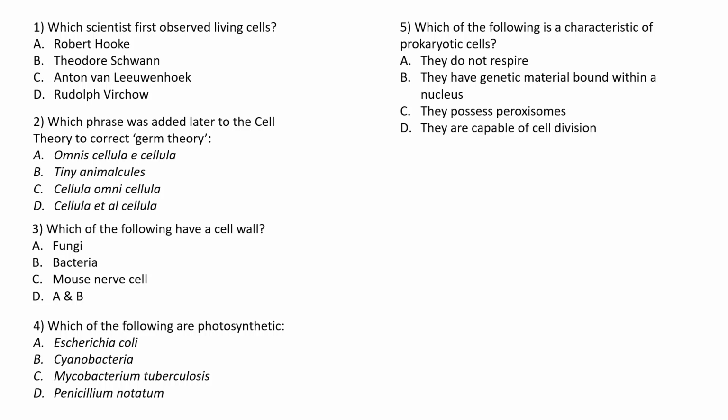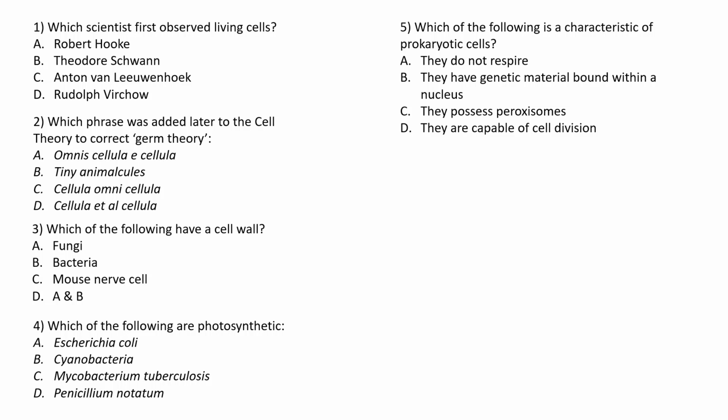So what about this question? Which of the following is a characteristic of prokaryotic cells? D. They are capable of cell division. Great, that's good. And why are the others not correct?